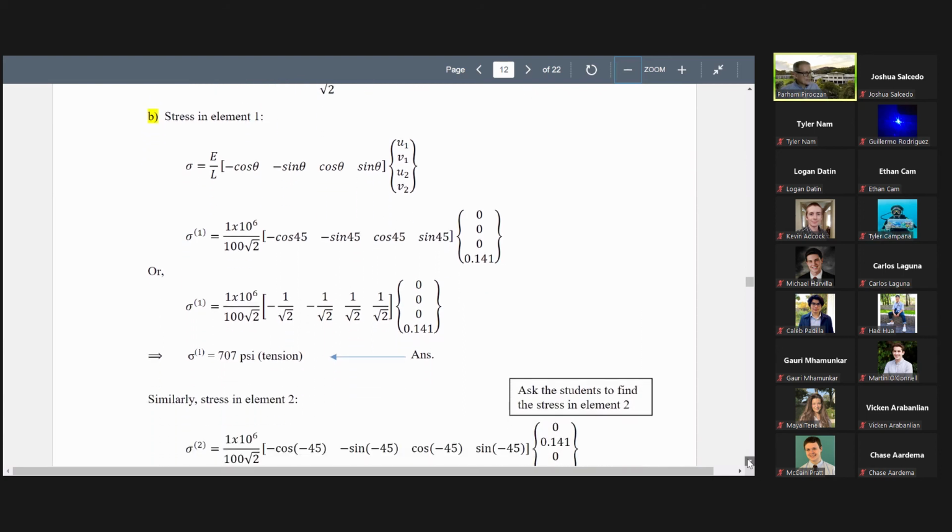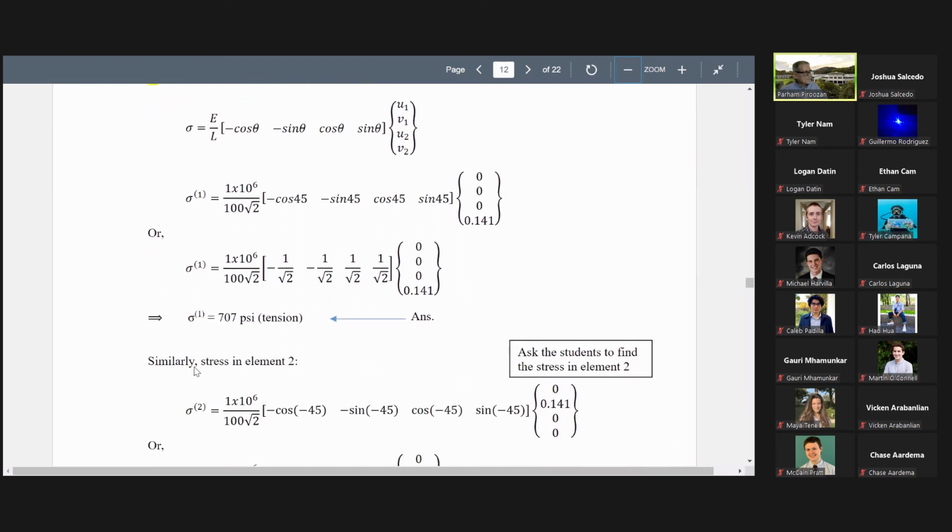You're right. Actually, for element 2, similarly, E over L, and now the angle is negative 45, but here is the difference. Element 2 goes from node 2 to 3. So these are displacements for node 2, U2, V2, and U3, V3 for node 3.